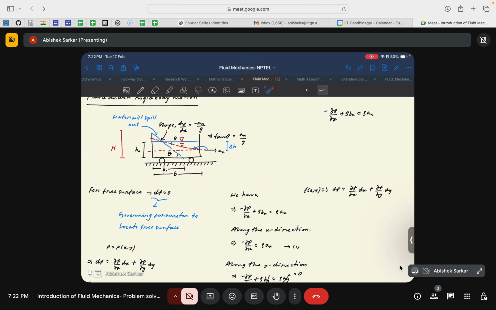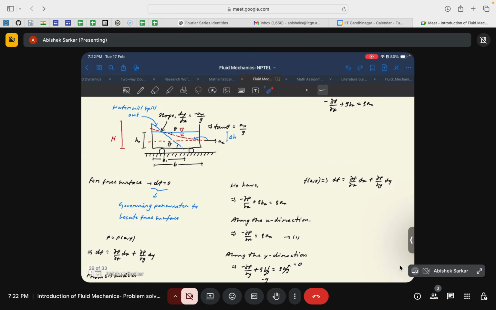So that's our motivation. Let us start. For the free surface, the net change in pressure would be equal to 0. Across the free surface, the pressure must be constant.